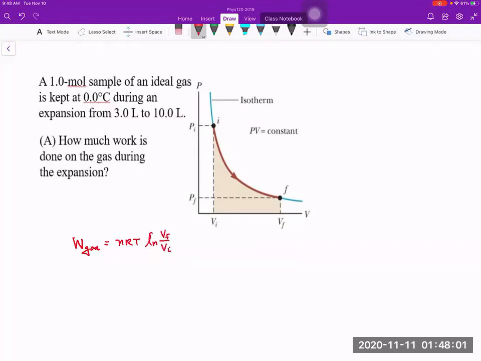Right? Based on our derivation, the work done by the ideal gas during the isothermal process is equal to nRT times natural log of Vf over Vi. And then we have all the information provided from this problem. They tell you this is 1 mole.